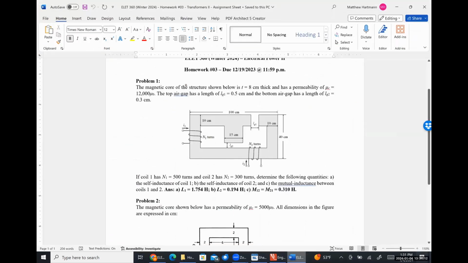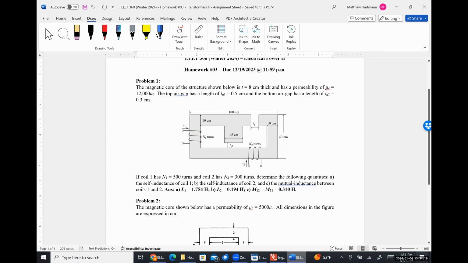Might be slightly better if I draw it on this thing where things are drawn to scale, so we can figure it out. So what should that be?